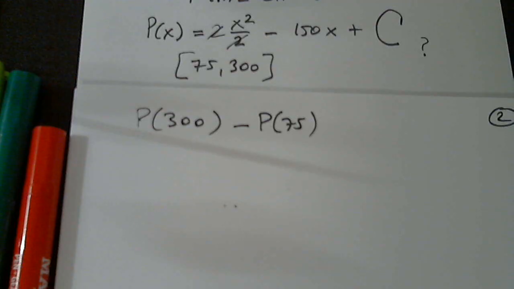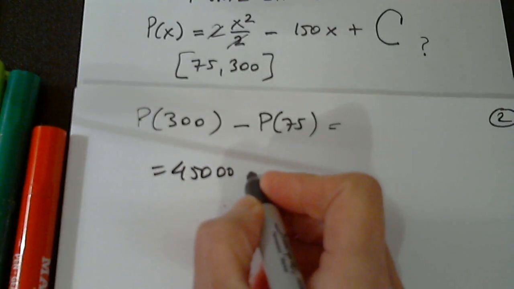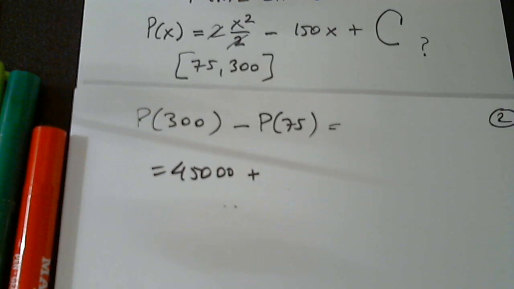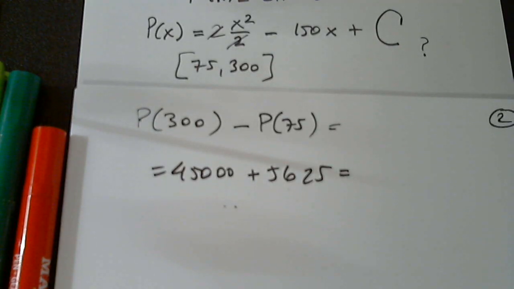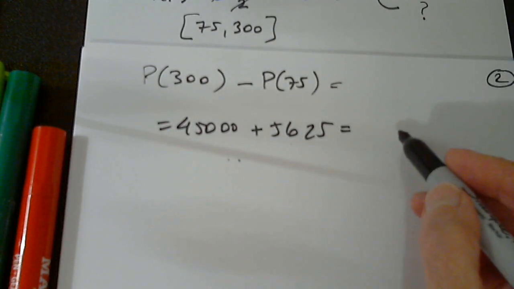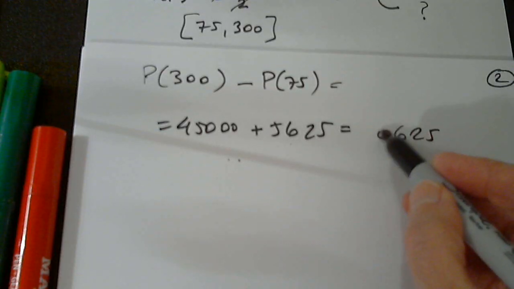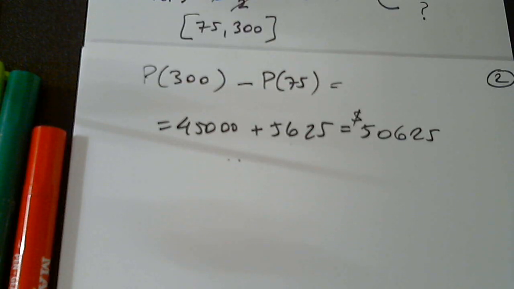So when we plugged in 300, we got 45,000, but then minus with minus in front, plus 5625. So what do we get? We get 6250 and 5. And that's it.